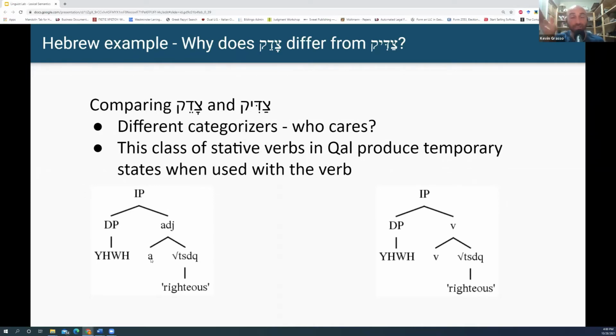And so that tells us something, or it might tell us something, about this class of stative verbs in Qal. It tells us that maybe this class doesn't allow for states that are permanent. They're just temporary states.